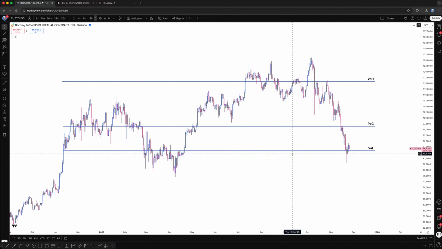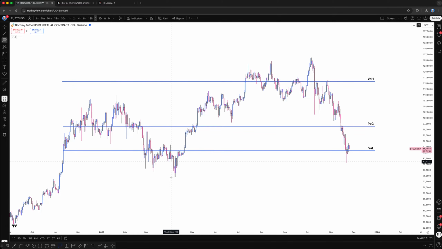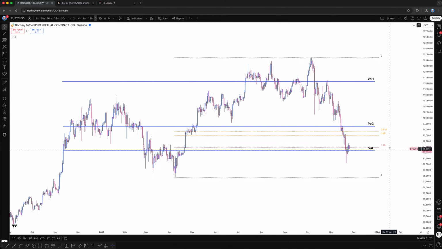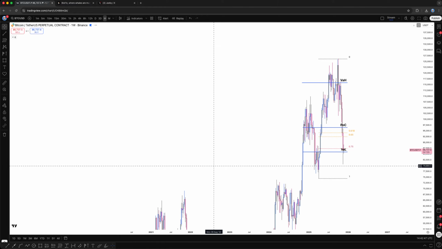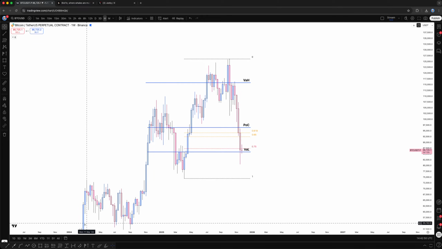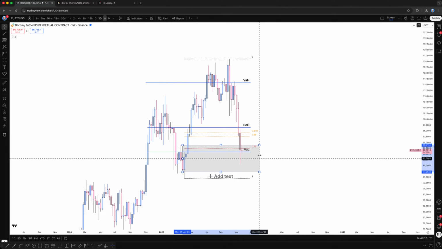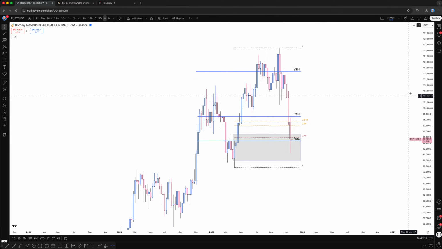So normally in a range environment, we know that value area low is definitely a place where we can look for long. Usually my strategy would be to check Fibonacci, and you see we are trading exactly at the 0.75 level, and the other point would probably be to select some sort of demand. In this case the relevant demand is the weekly, because we had a weekly market structure movement exactly here.